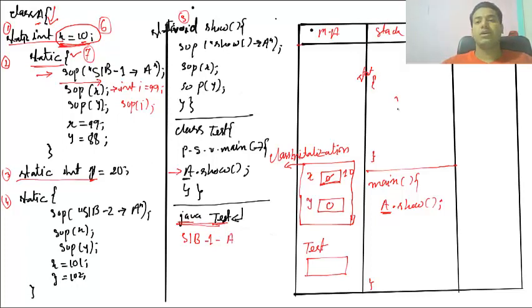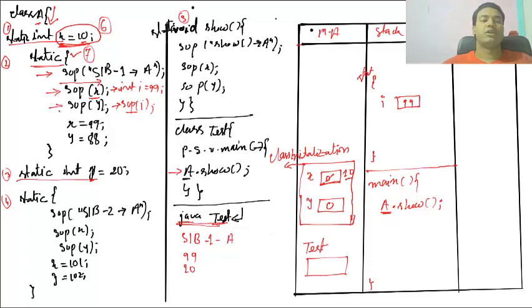Since i is a local variable, its memory is allocated in the corresponding stack frame, and it prints 99. Then control comes to the next statement, where x should be printed, and the x value is already initialized, so it prints 10.